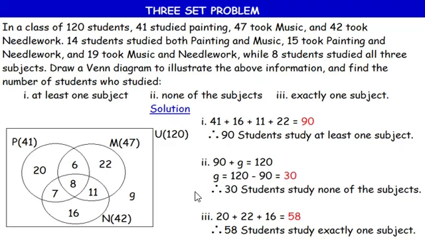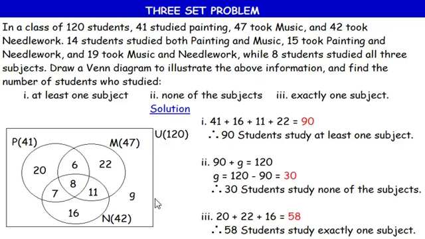Draw a Venn diagram to illustrate the above information and find the number of students who studied (i) at least one subject, (ii) none of the subjects, (iii) exactly one subject.